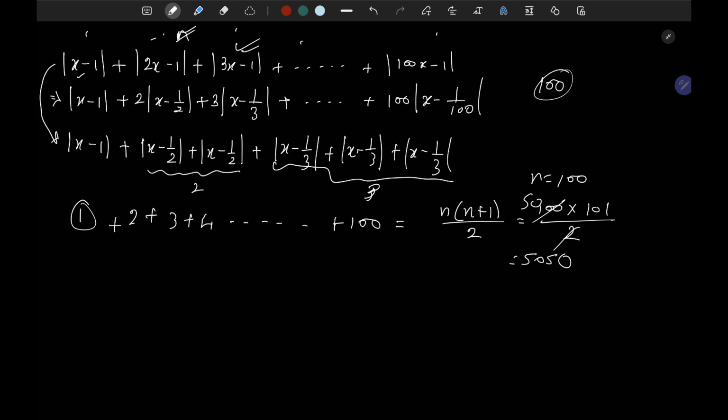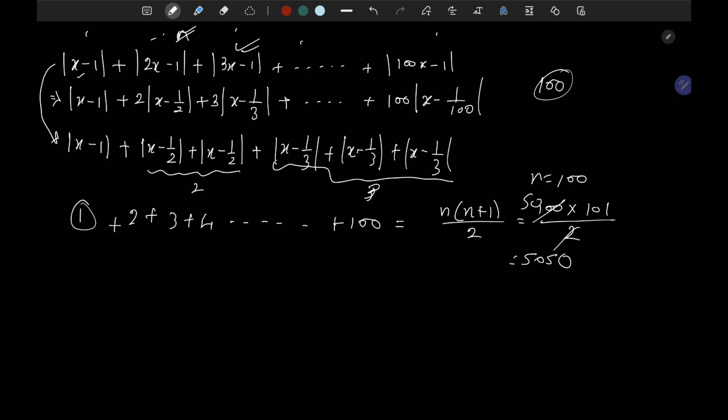So we have 5050 total equivalent terms, right? Notice that 5050 is an even number. So by that we conclude the minimum value will occur somewhere between the two middlemost terms.